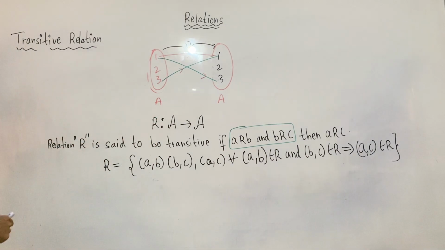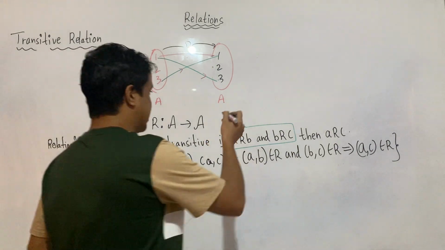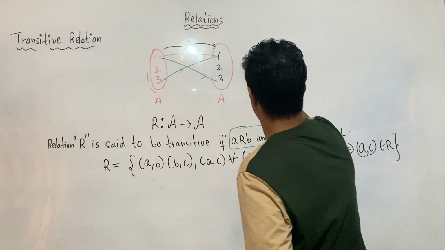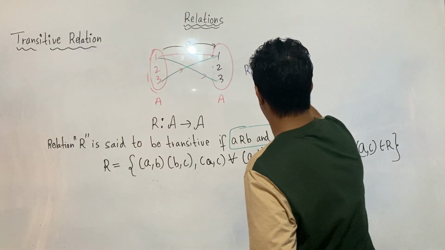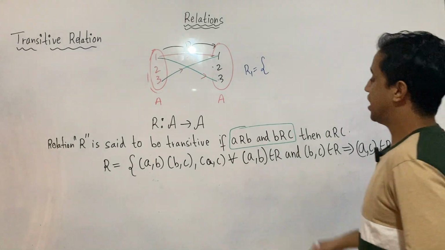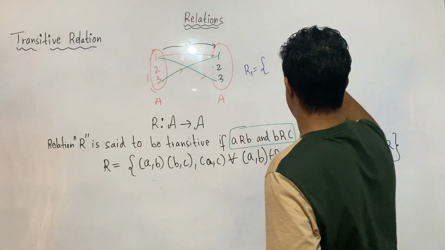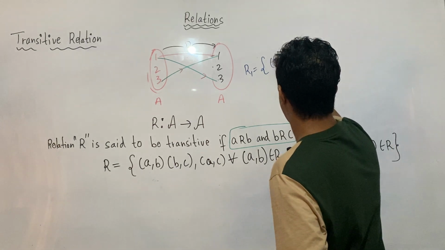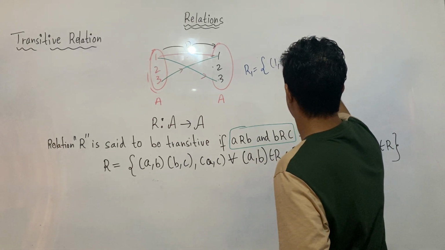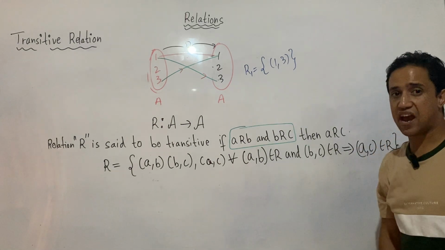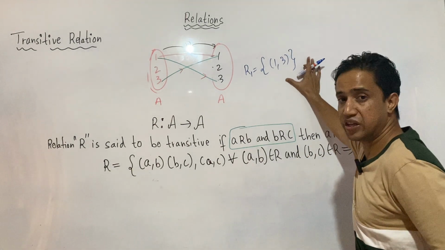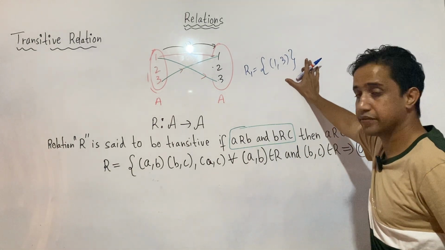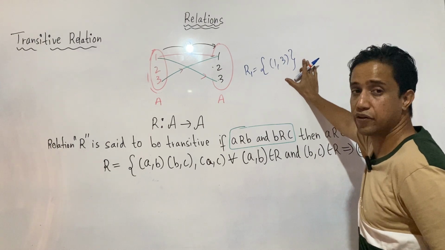Let's say that here I have a relation, this is R1, and the relation says it is (1, 3). They are asking you if this relation is transitive or not.